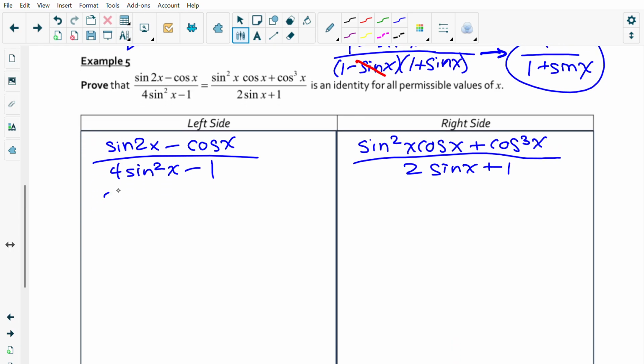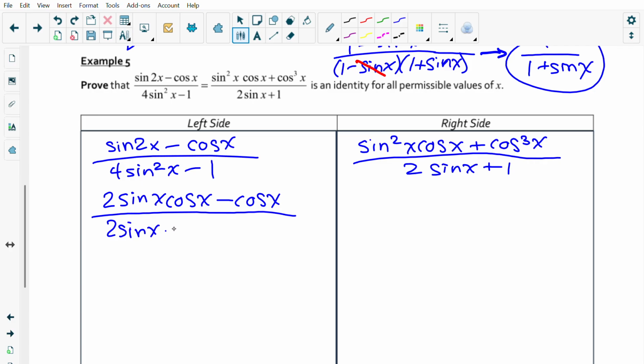Let me work on the left side first. Double angle identity, so I'm going to go 2 sine of x cosine of x minus cosine of x divided by, let me factor the denominator. That's a difference of squares, 2 sine of x minus 1 times 2 sine of x plus 1.